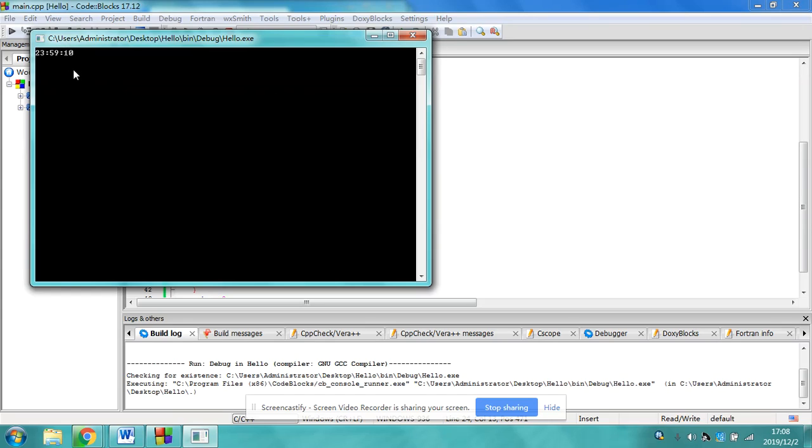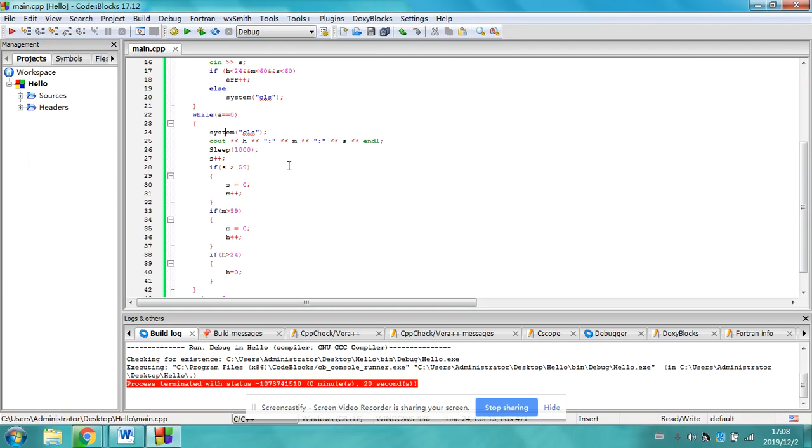The stuff we just entered and the "please enter minutes, seconds, and hours" just disappeared. Because ERR is equal to 0, the system cleared itself. I think that's what it does. And then it began to run these lines.